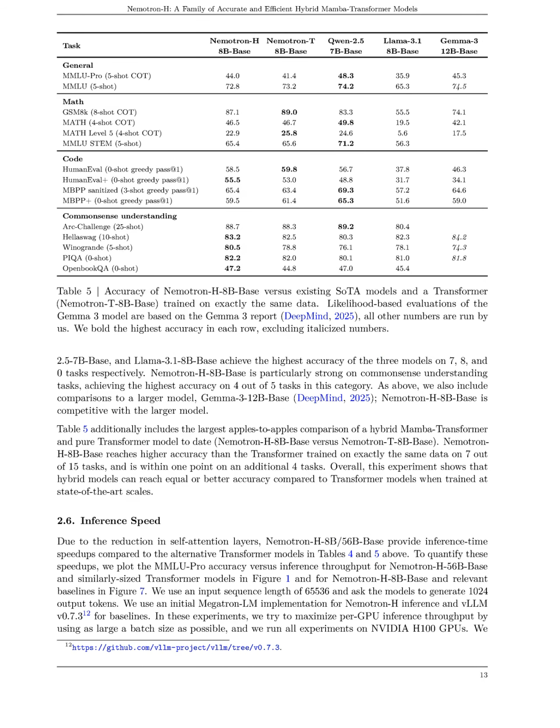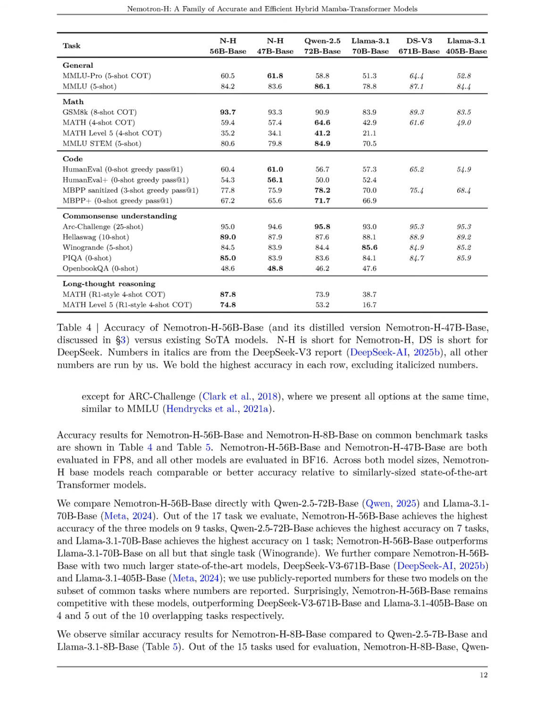The results indicate that Nemotron-H models achieve comparable or superior accuracy relative to similarly sized models, with Nemotron-H 56B base outperforming Llama 3.1 70B on 16 out of 17 evaluated tasks, demonstrating their effectiveness in real-world applications.